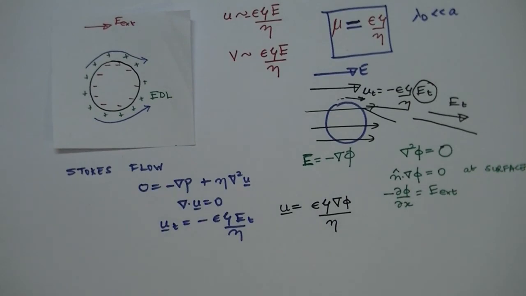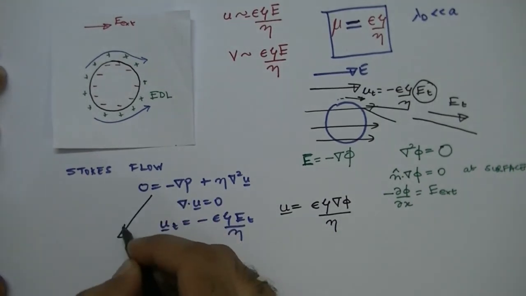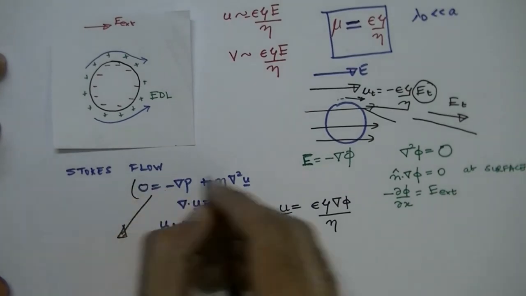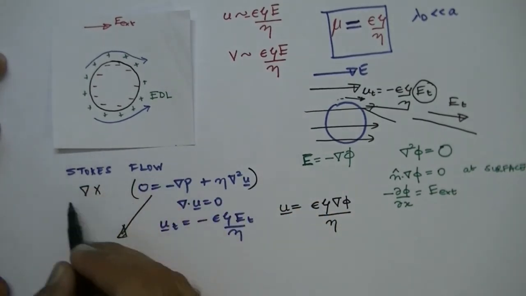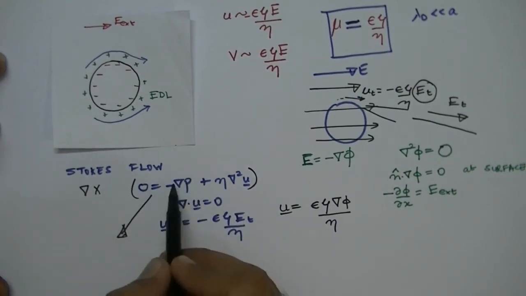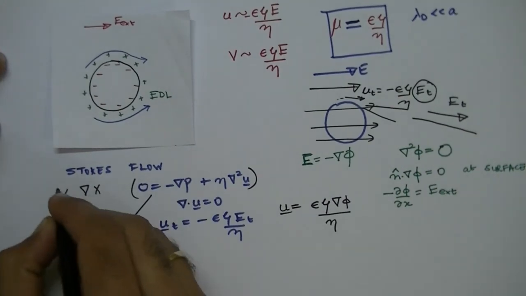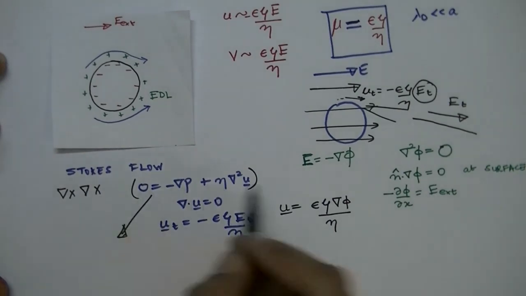Now to see that, what I'll do is that we'll use the standard trick of eliminating the pressure term from the Stokes flow equation. And to do that, I'll take the curl of both sides of this equation, and curl of a gradient is 0, so the pressure term will drop out, and we'll take a curl once again of both sides.